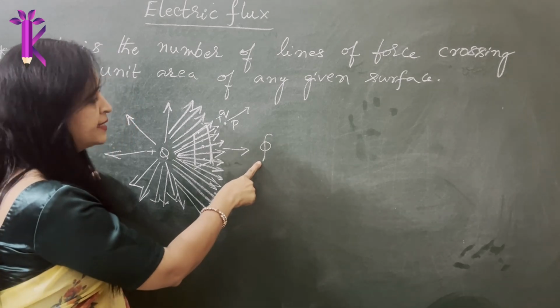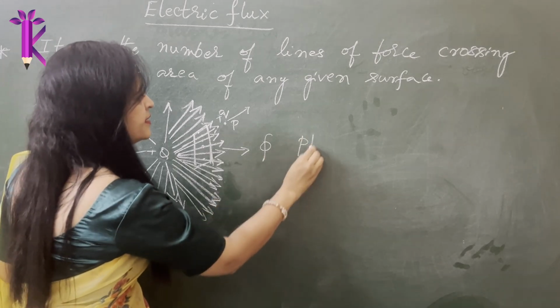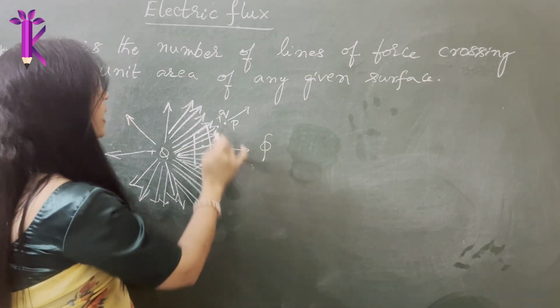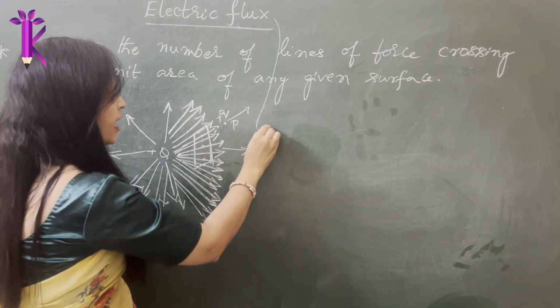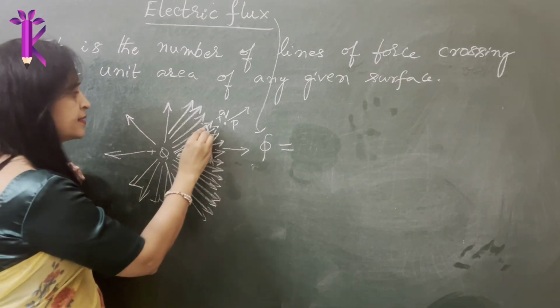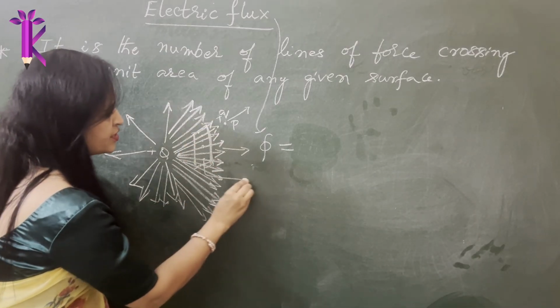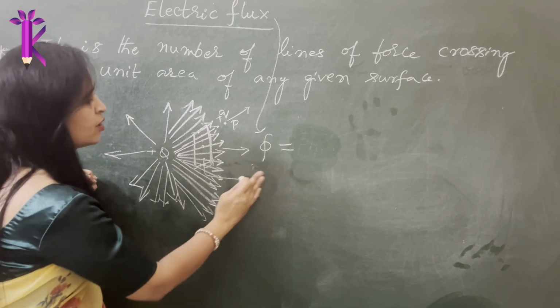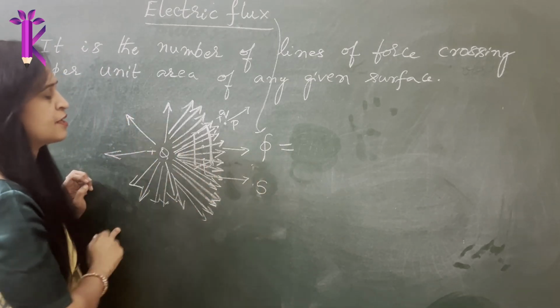Flux is denoted by the letter phi. Phi is what is referred to as flux. So in physics, the number of lines crossing this cross-sectional area, if this cross-sectional area is referred to as ds, a small area, or you can also call it S, if this is the surface area.